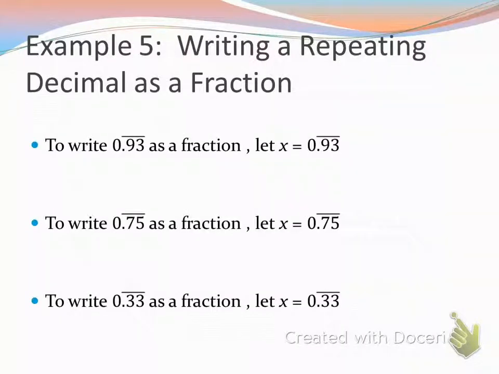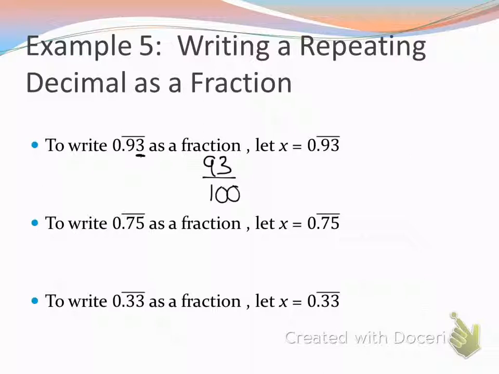So in example 5, if it gives you 0.93 repeating, I just want you to look at the last digit of our repeating decimal that's written, and then just write it 93 over 100. I know that this seems pretty simple. Like I said, I might revisit this concept later, but right now I just want to focus on changing that decimal to a fraction. So we'd write it 93 over 100.